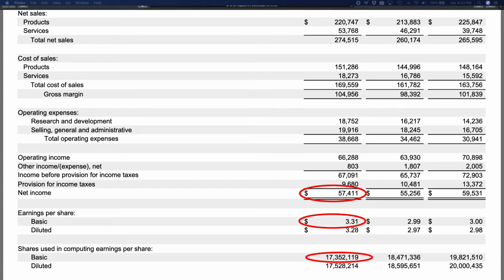And now let's also look at the diluted as well. I'll go on to diluted in the next slide, but you will notice that the number of shares is higher. So obviously this has the effect of reducing the earnings per share to 3.28.